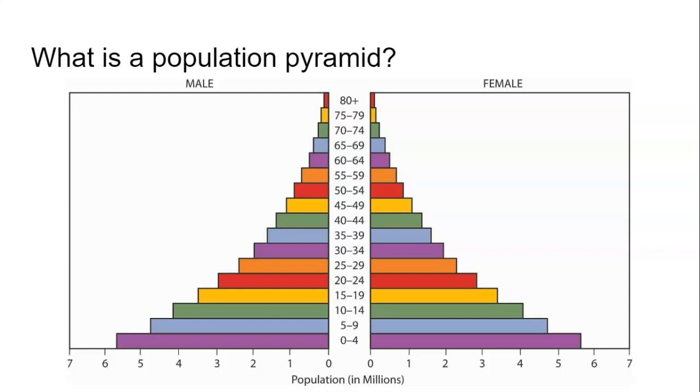But as you move up the population pyramid, as populations get older, at about 40 to 45, it'll flip, and there'll be more females than males in the population. And this is reminiscent of the fact that women tend to live longer than men. And there could be a lot of reasons why that is, but that is generally the case you will see as we go along in these different pyramids today.